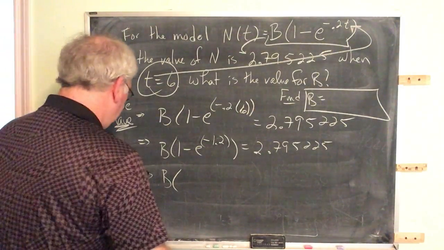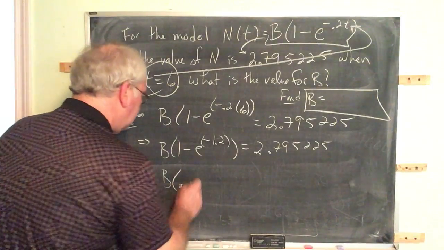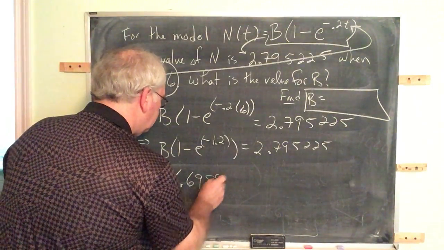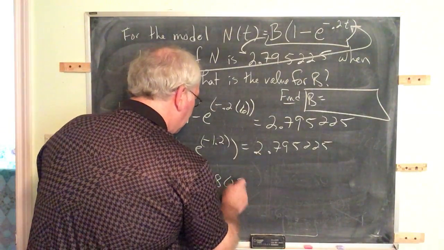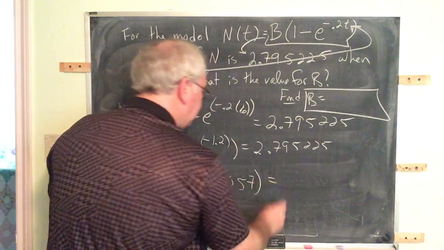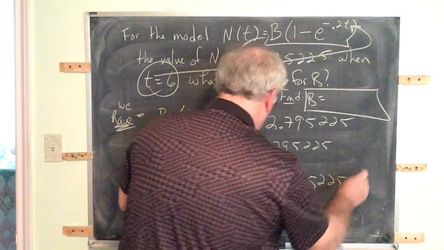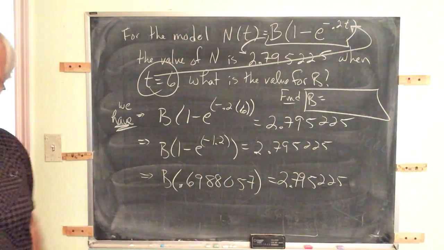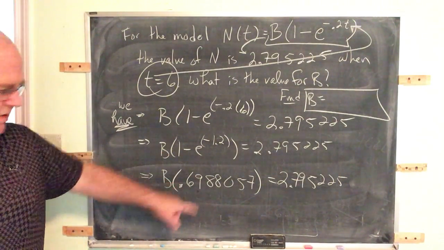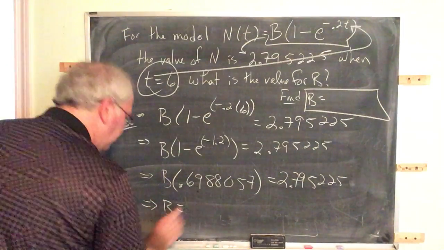So we have b times 0.698805. I'm not sure how many decimals we want to bother with. That's equal to our 2.795225. To find b, we divide both sides of this monstrous equation by this monstrous value and see what kind of result we get for b.